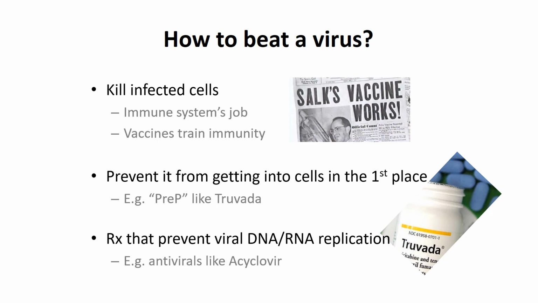One is called acyclovir, that treats herpes infections like shingles or cold sores, and it mimics viral nucleic acid, but it's chemically different from true viral nucleic acid. So then when it gets incorporated into the viral DNA, it shuts down DNA replication. So it's an ingenious way to prevent the virus from replicating within the host cell.